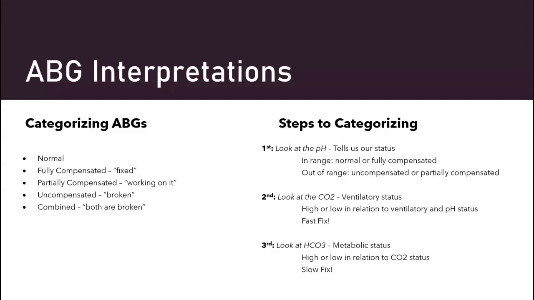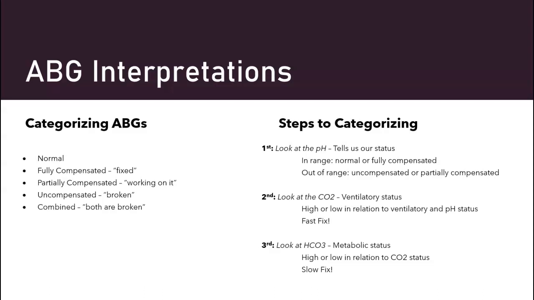Fully compensated would be if the pH has been fixed. So fully compensated means the pH is corrected, whether it be by the CO2, the bicarb, or both. Okay, so I'll say that again.